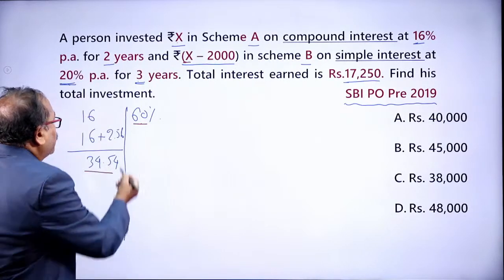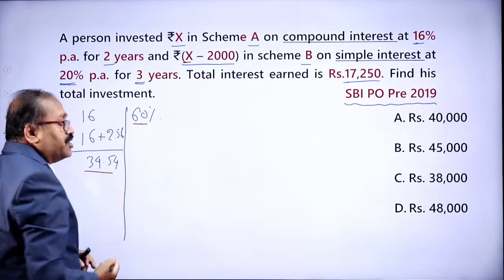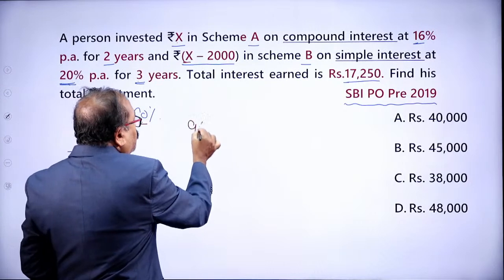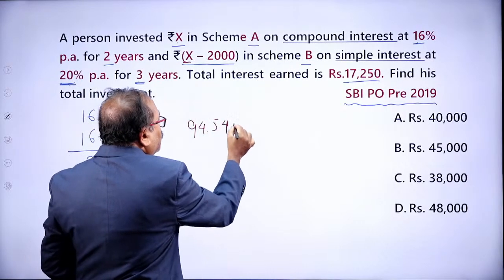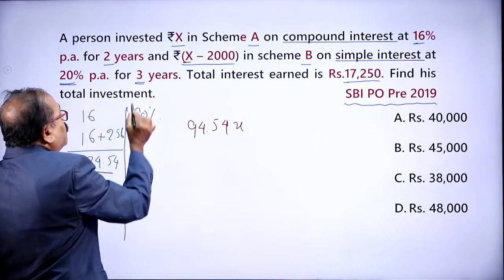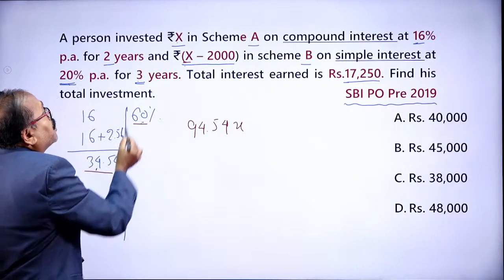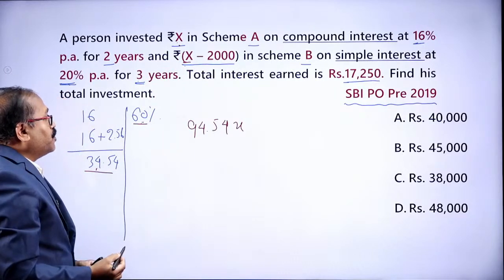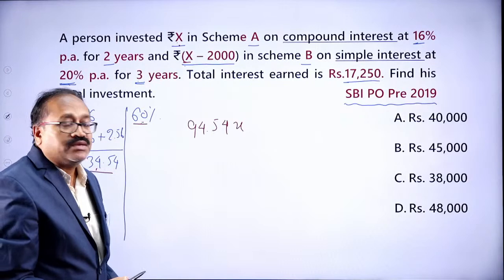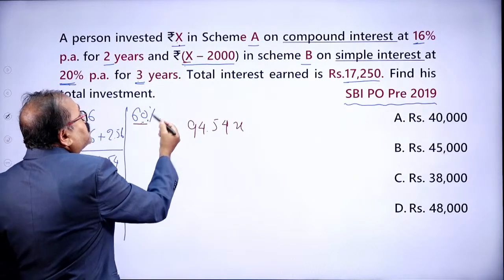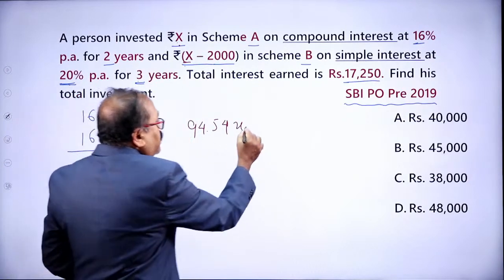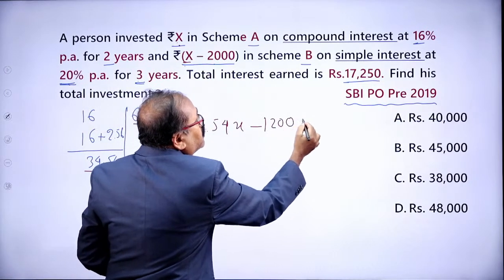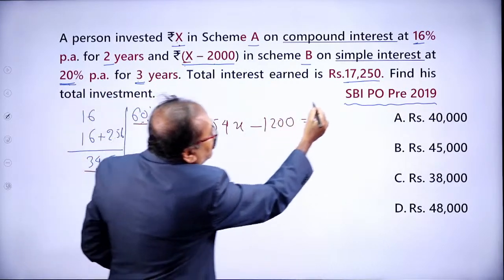Simply add this part, that is 94.56% of X: 60% of X and 34.56% of X. The total is 94.56% of X, and that is 60% of 2000 also. So minus what is 60% of 2000? 1200. And that is given to you as how much?